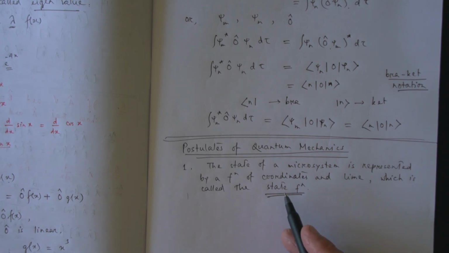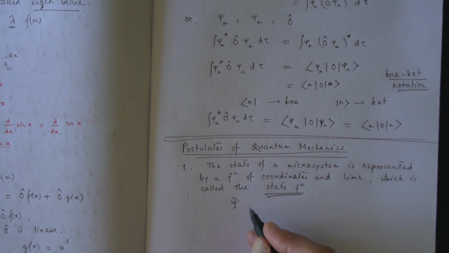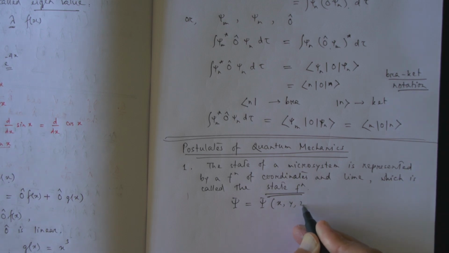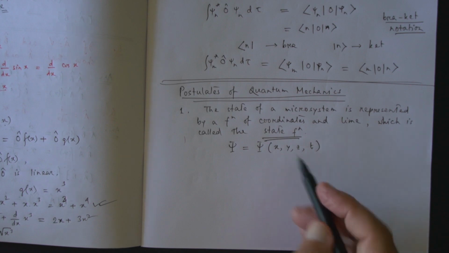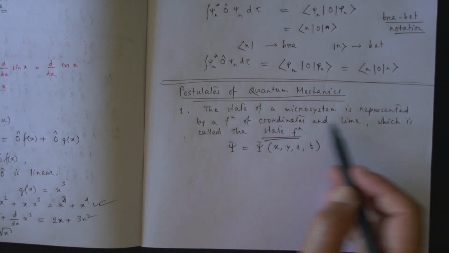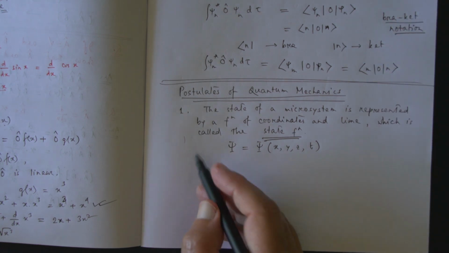We have already talked about this. This is the state function, and we have seen that the state function is a function of coordinate and time. So there is nothing new in fact. This is the first postulate.